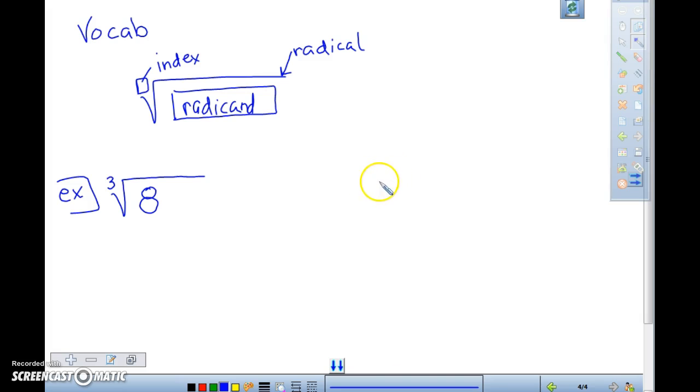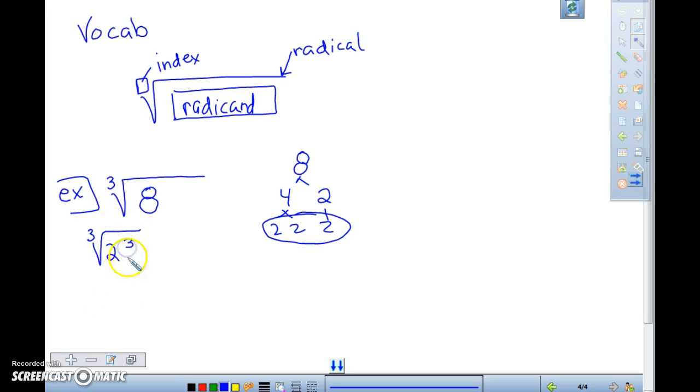So if we were to do a factor tree for 8, 2 numbers that give you 8 are 4 and 2, and then 4 breaks down into 2 and 2. This time the index is a 3, so the name of the game is to roll triples. So I would have 2 cubed. And now the index and the exponent cancel, and we just get a 2. So it does work for higher powers.